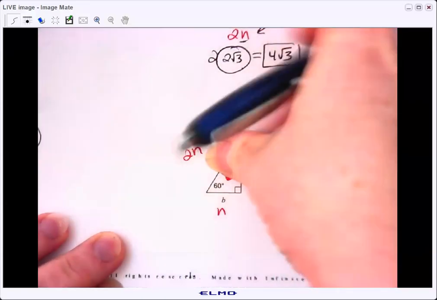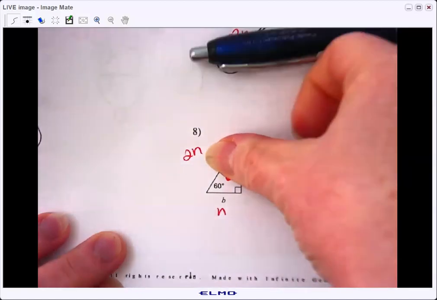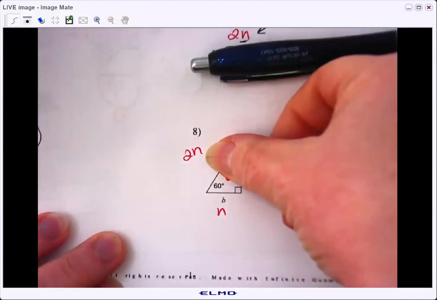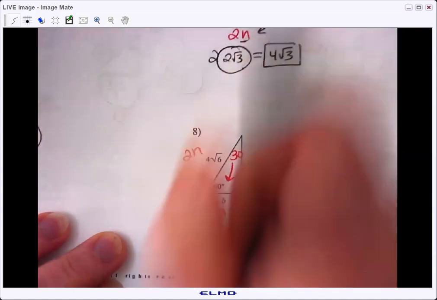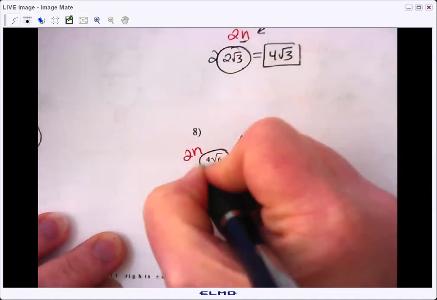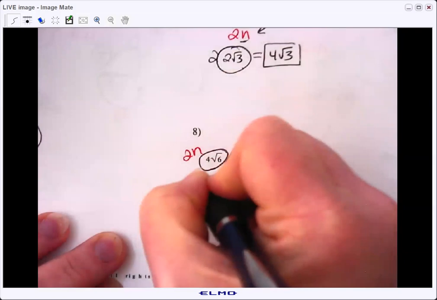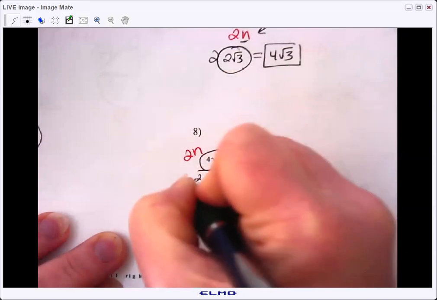What if the hypotenuse were 20? What would my n be? 10. Okay, all we did was divide by 2. So we're going to take this number and divide it by 2.